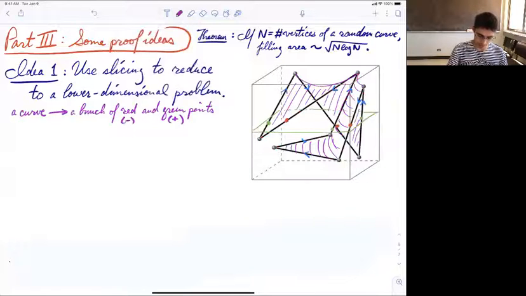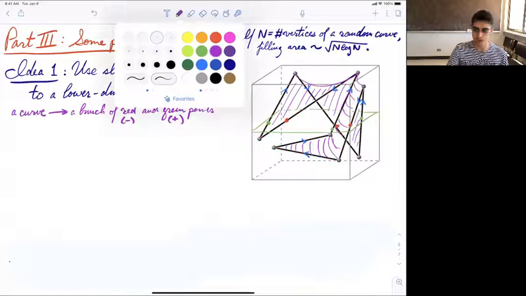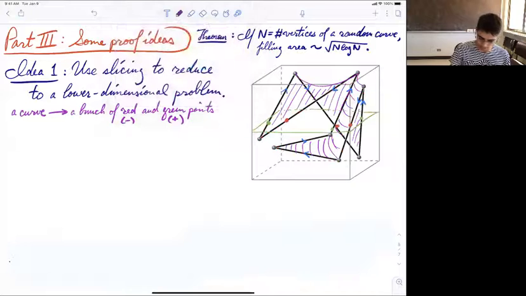And then what happens to the surface, right? It also has an intersection with the square, and that intersection is going to look like a bunch of curves that connect the red and green points to each other.